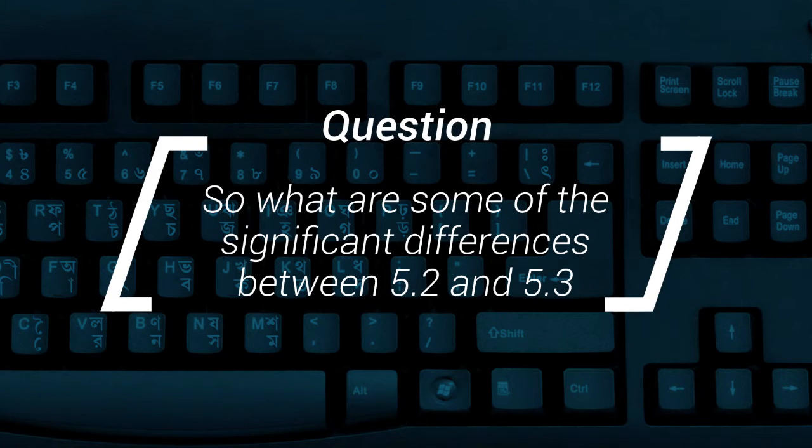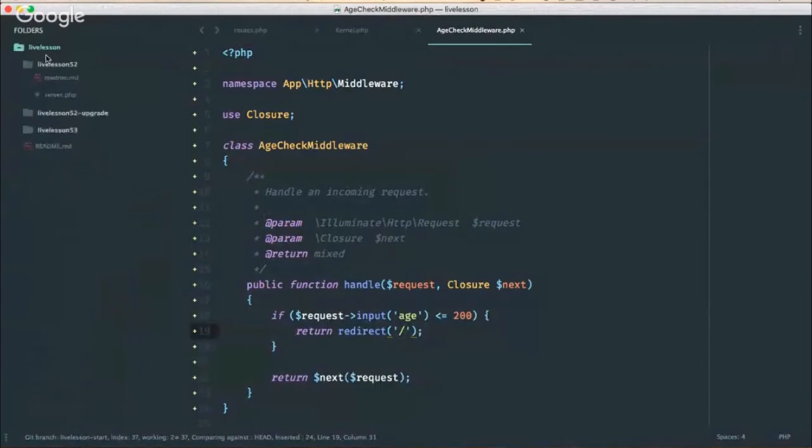So what are some of the significant differences between 5.2 and 5.3? Let's look at this real quick. I finally got this thing to work, sorry.